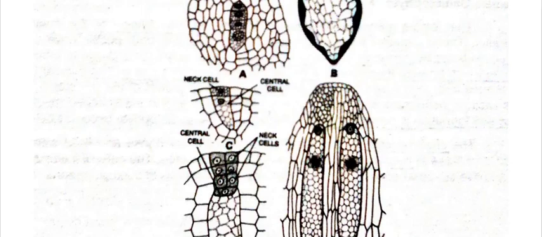So students, in today's lecture we have discussed the structure and development of the female gametophyte, which is produced from the megaspore cell, and the development of archegonium, which is produced inside the female gametophyte.